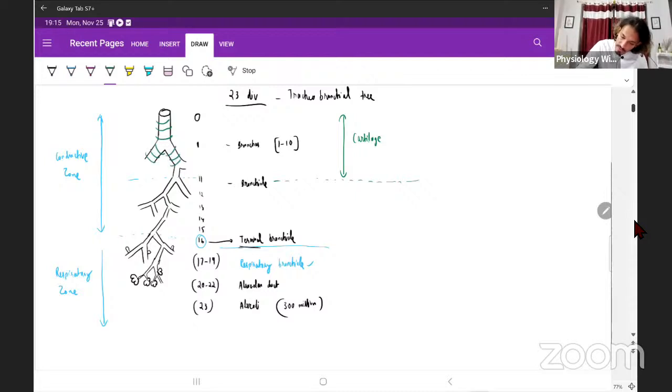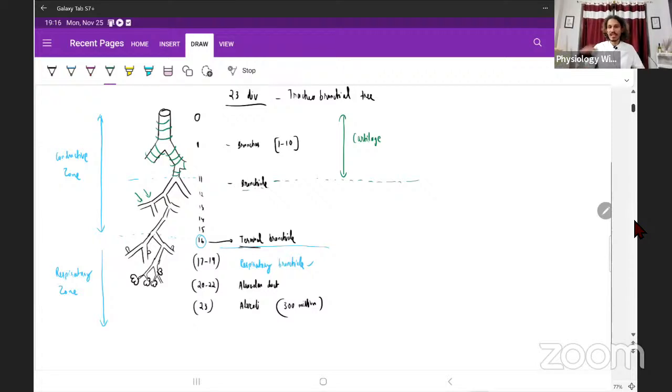This is very important because it makes sure that the airway remains patent and does not collapse. So cartilages are present, especially in the initial part. From bronchiole onwards, it can collapse if the pressure changes are not according to its requirements. For example, if the pressure from outside is very high, it can collapse.